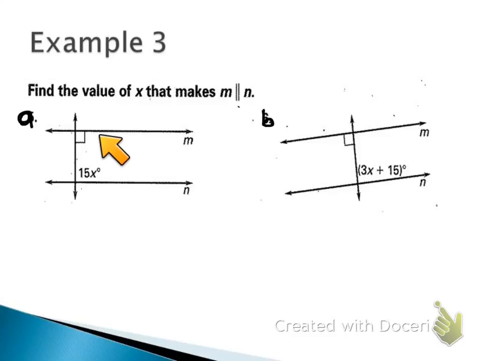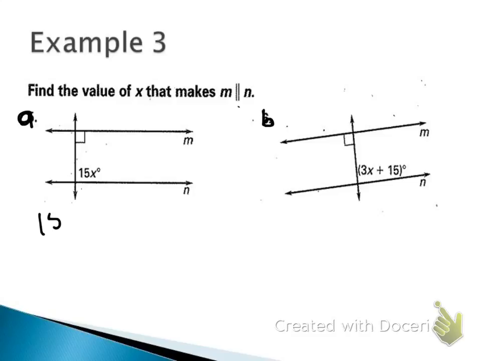So part A, they're on the same side of the transversal. They're inside the other two lines. Same side interior angles. Now, you have to decide, are same side interior angles congruent or do they add to 180? Same side interiors add to 180.